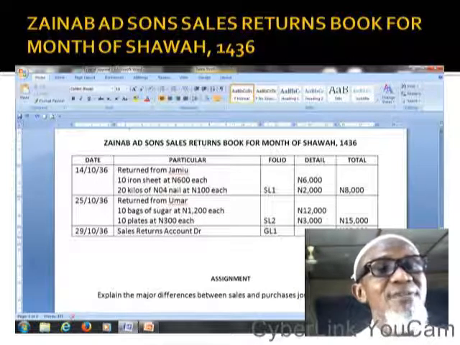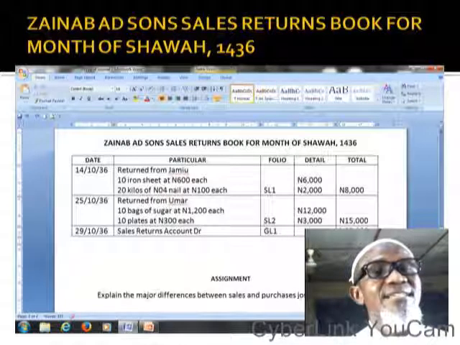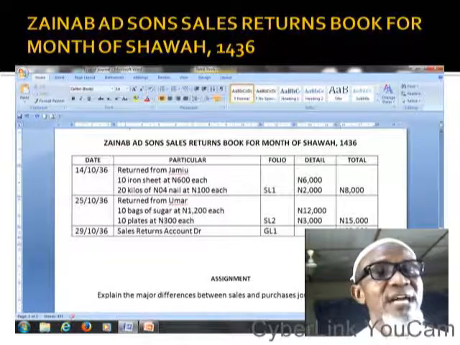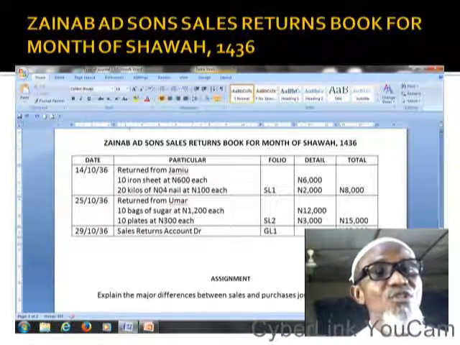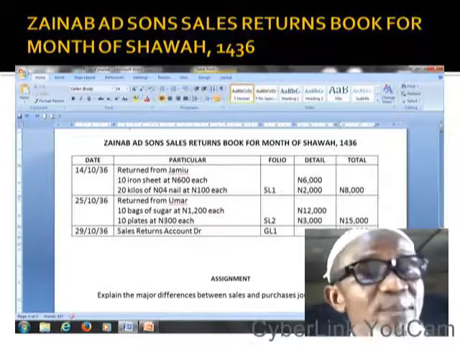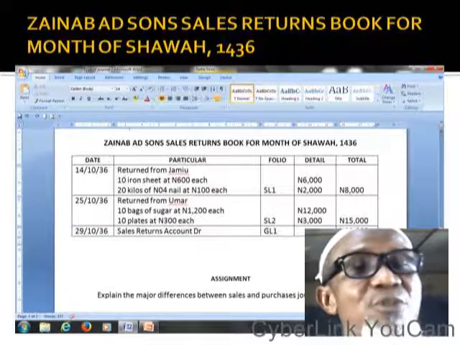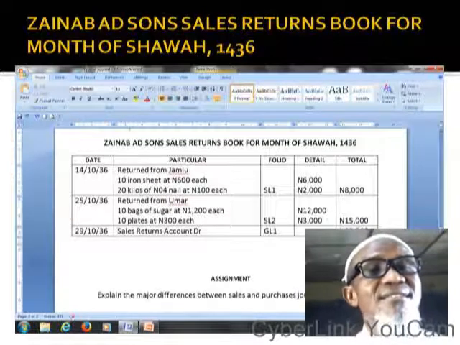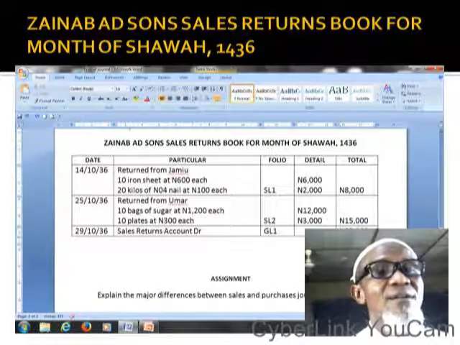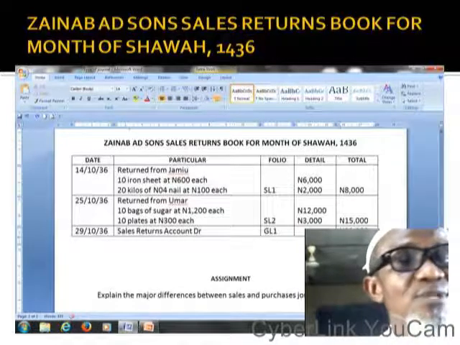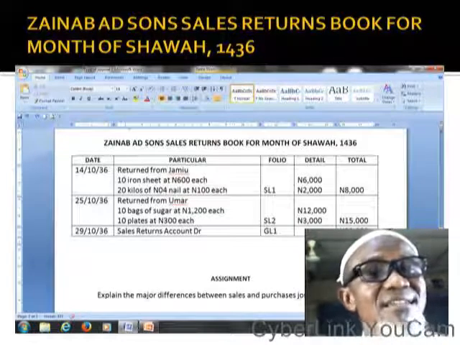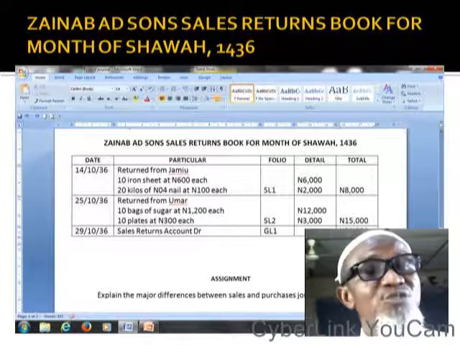Then the purchases return journal, which is used to record all the goods returned back to the supplier. Lastly, you have the sales return journal, which is used to record all the goods returned from the customer to the seller. These are the journals that you must have in your memory.